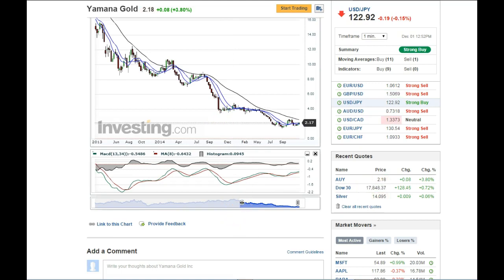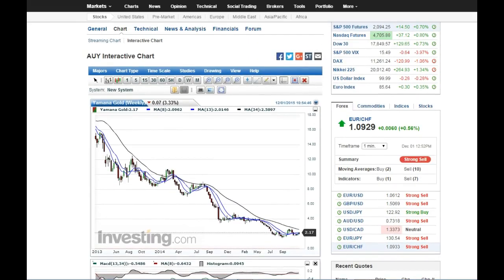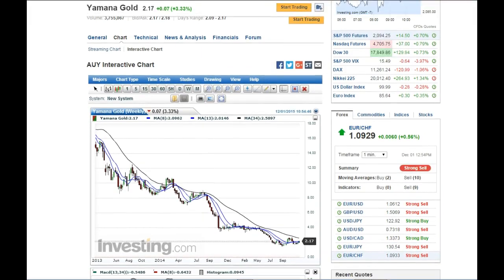But these things take time. If you are long term, it looks like it's being accumulated. And one thing I cannot use on this free service is the on balance volume, where I would use a 21 moving average as it crosses over 0 into positive territory.